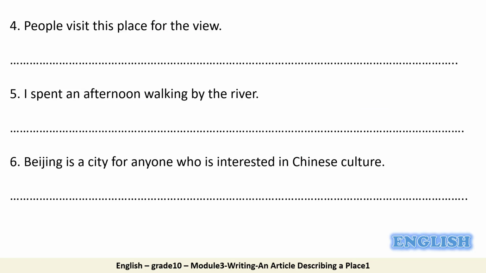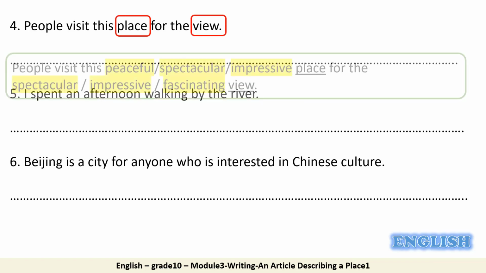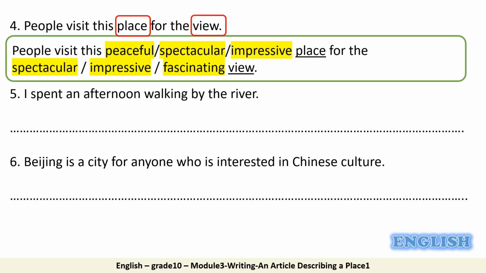Number 4, people visit this place for the view. So I need to describe the place and the view. And the correct answer could be, people visit this peaceful or spectacular or impressive place for the spectacular or impressive or fascinating view. Number 5. I spent an afternoon walking by the river. So I need to describe the afternoon and the river.